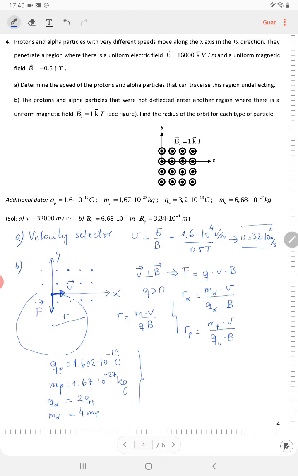With this data, you can see that the radius for the alpha particle is 6.68 times 10 to the minus 4 meters, and for the proton it is 3.34 times 10 to the minus 4 meters, which is just half of it.